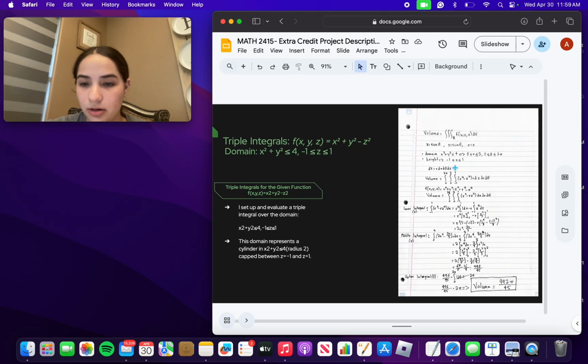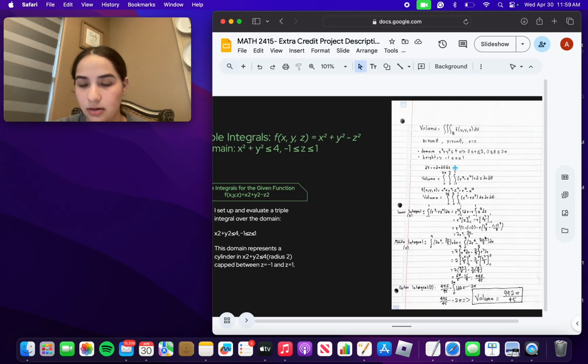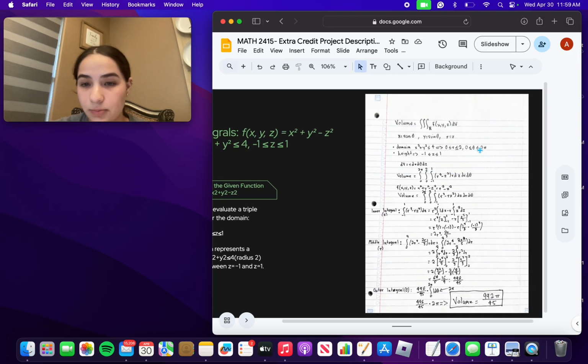Here I went ahead and did the work on a separate sheet to find the volume. This was the domain transformed into this equation, the height, and then here I did the triple integral.